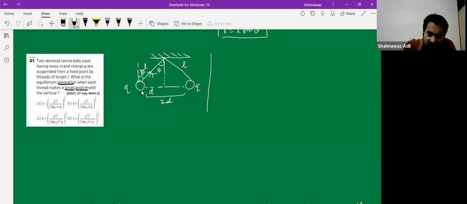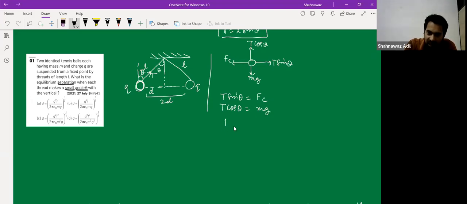So this has mg, this has T cos theta, this has T sin theta, and this has F. So again, T sin theta is Fc, and T cos theta is mg.